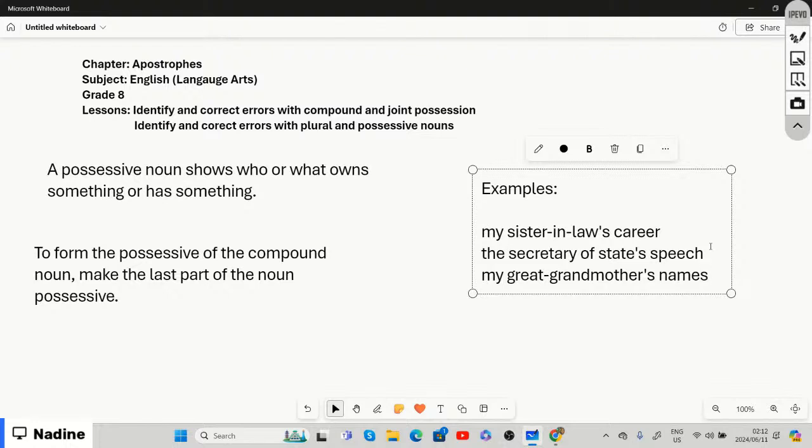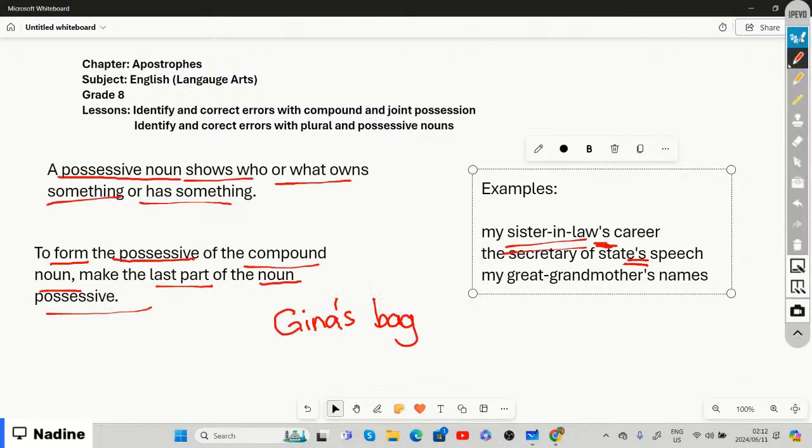We don't say great only. When we put our apostrophe, we put it by the last word, so great-grandmother, and we then add the apostrophe and s to show the possession.